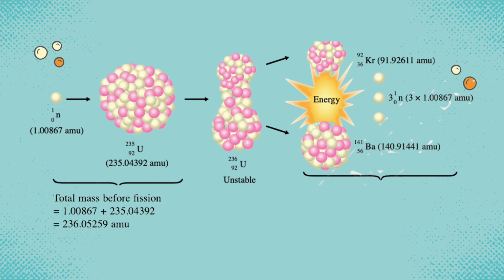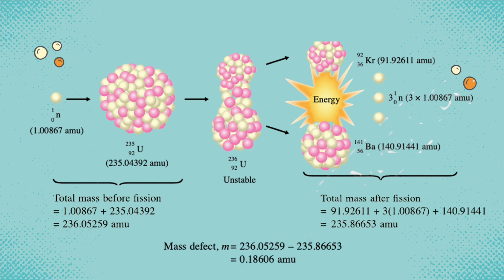Firstly, we calculate the total mass before fission. The total mass before fission is 236.05259 atomic mass unit. Next, we calculate the total mass after fission. So, the total mass after fission is 235.86653 atomic mass unit.